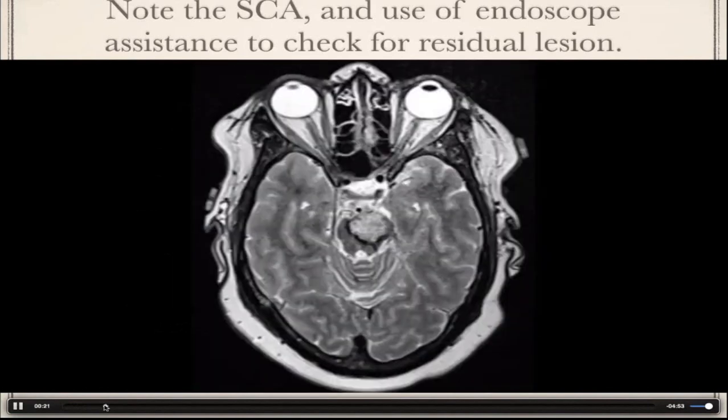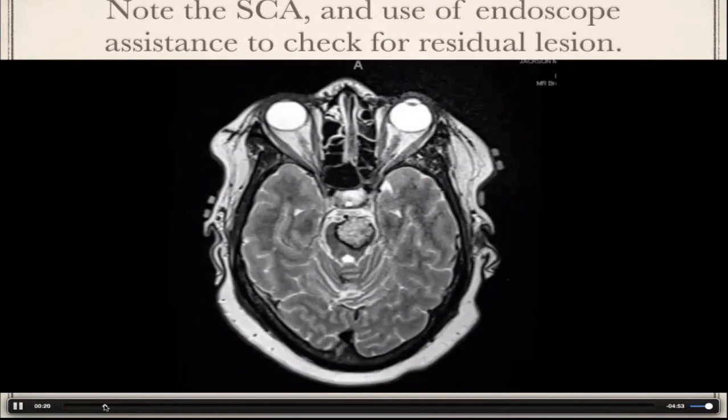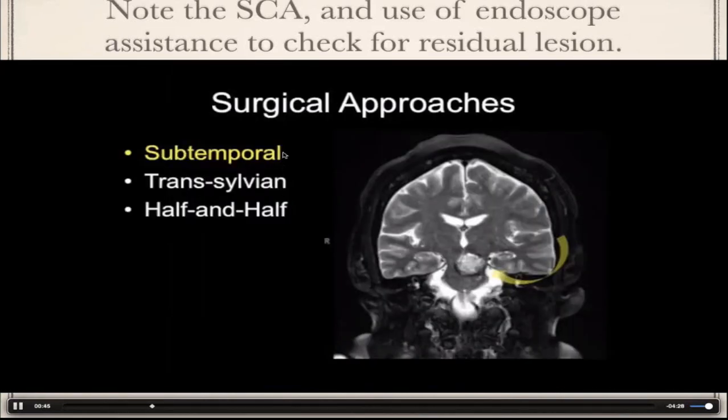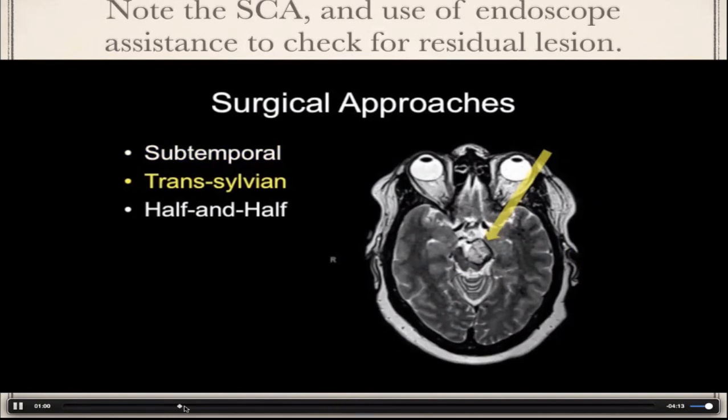You can see quite a large lesion pointing anteriorly in the cerebral peduncle. And we're comparing here which approach to use: subtemporal versus transsylvian versus half and half. And of course, half and half gives you the best of all worlds. That's the view we want, and that's how we want the angle to be.